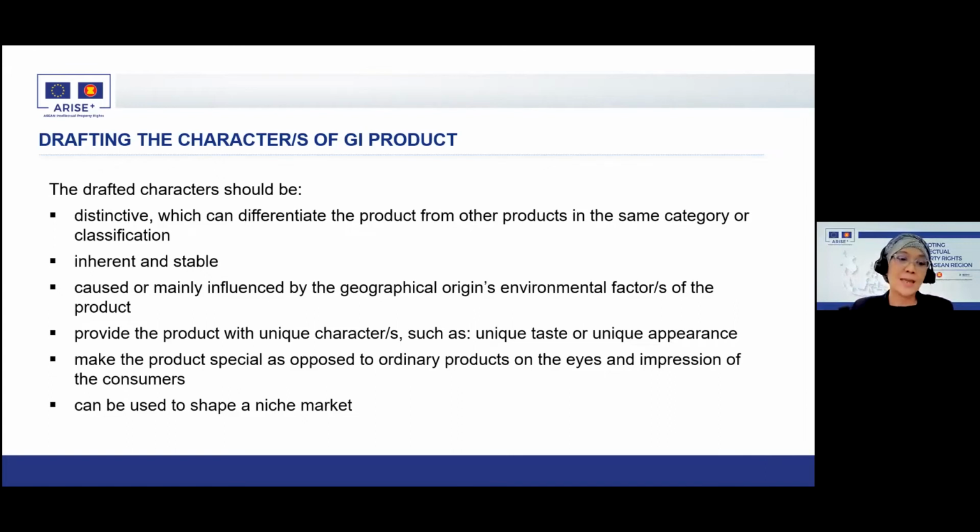Okay. And the character should also be used to shape the niche market. The niche market is a special market which consists of devoted consumers with a deep pocket.